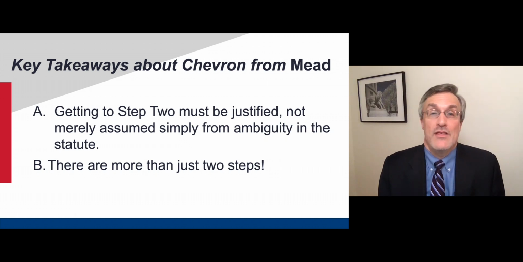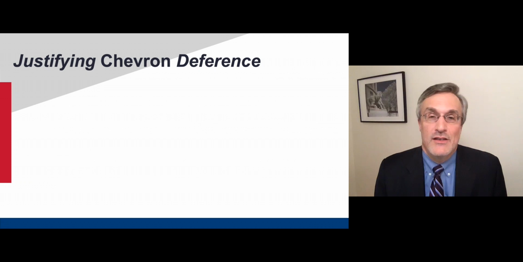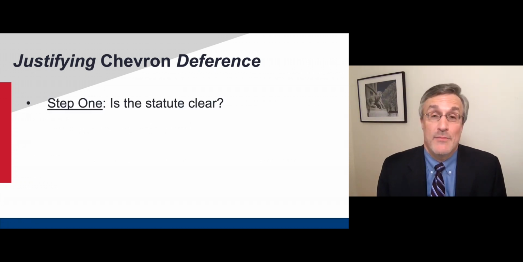In fact, rather than a two-step framework, what the Meade decision made clear, although it was also evident on a careful reading of Chevron, is that there are actually multiple steps. Justifying Chevron deference requires first asking step one, is the statute clear? If it is, then it doesn't make sense to imply any deference because the statute has no room for anything but what it means.